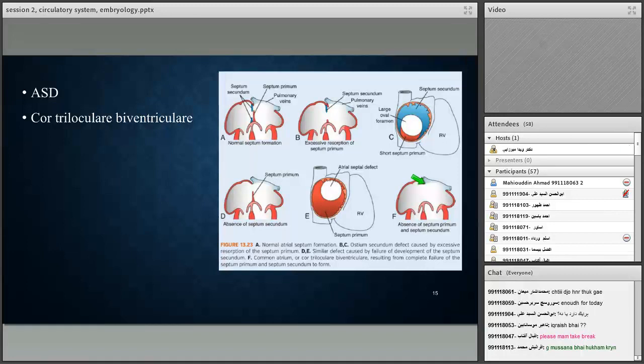We call that cor triloculare biventriculare. I mean, the heart just has three chambers: one common atrium and two ventricles. It is a serious defect in the heart.